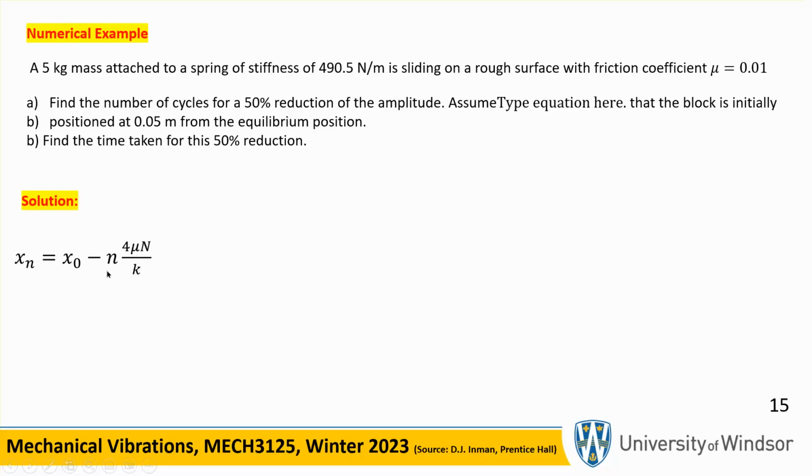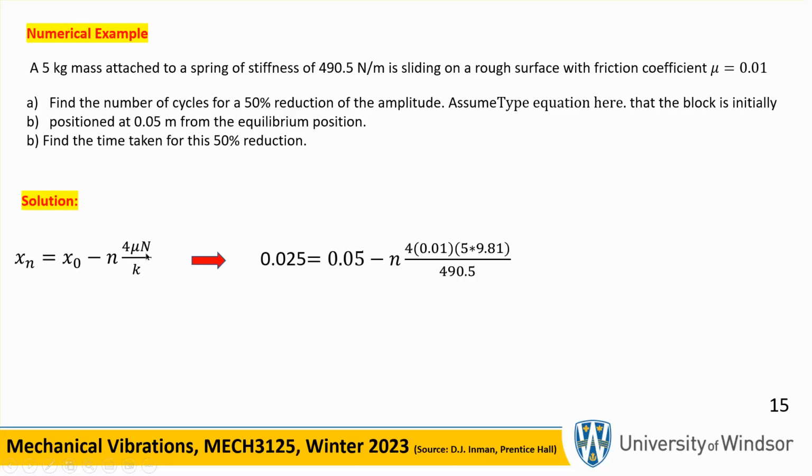In how many cycles? Okay, so you look at this expression, xn minus x naught, we actually have it. So xn is 0.25, which is half of the original one, okay? And everything else I have here. So this is the coefficient of friction. N is 5 kilogram times 9.81, right? This is the weight.